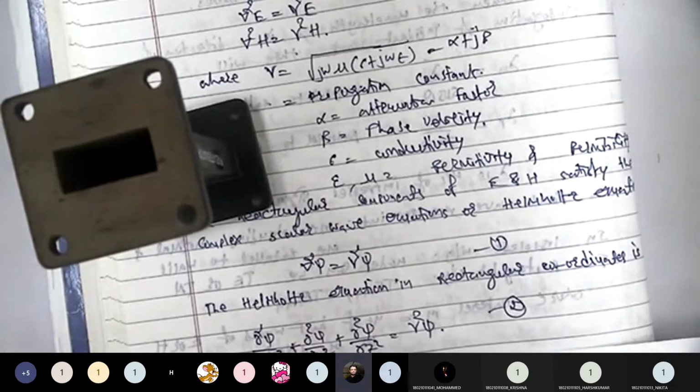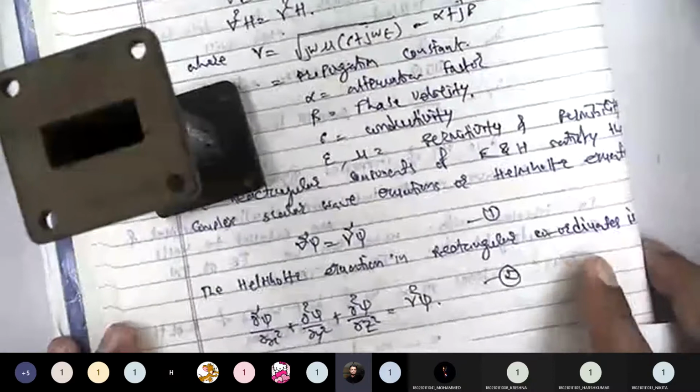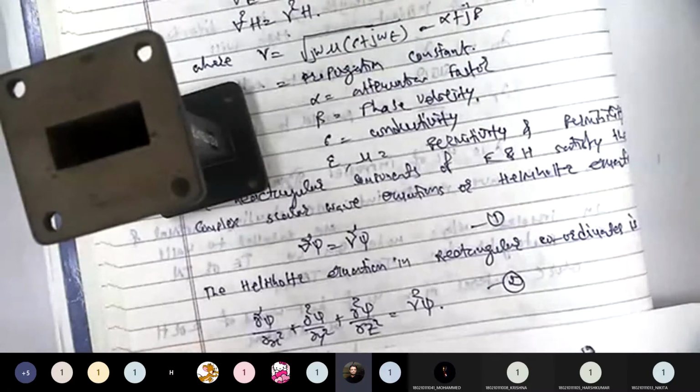I think all of you are now aware of this equation number 2, which is nothing but the same as our equation 1. Everything is represented in terms of partial differentiation.